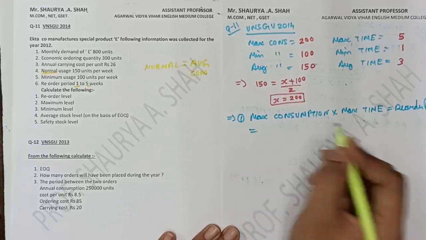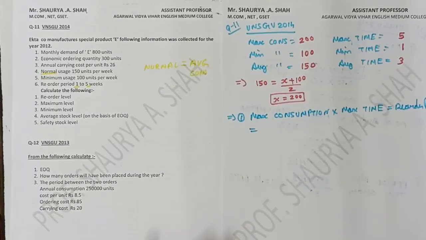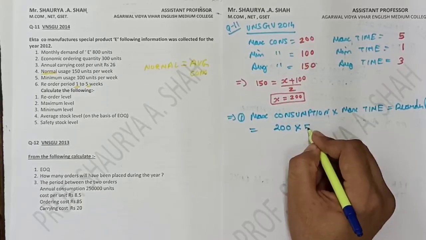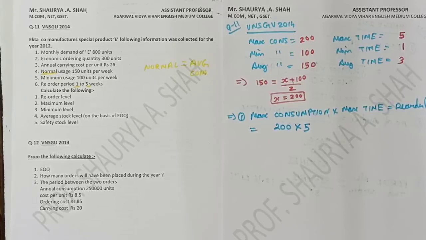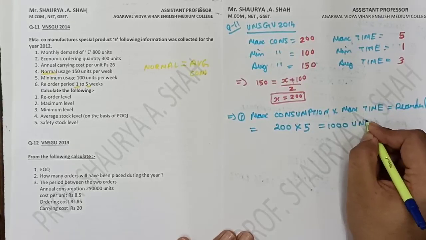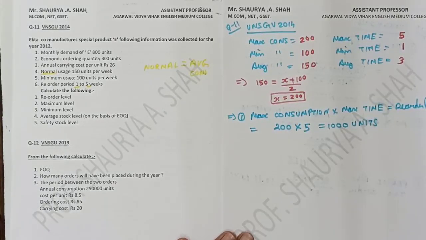So maximum consumption is 200, maximum time I have is 5. So what answer I'll get is 1000 units, right? So 1000 units is my reorder level. I suppose it is clear to each and every student, fine.